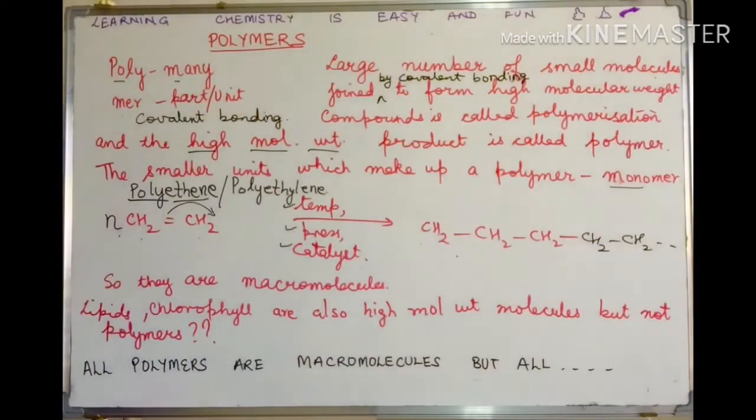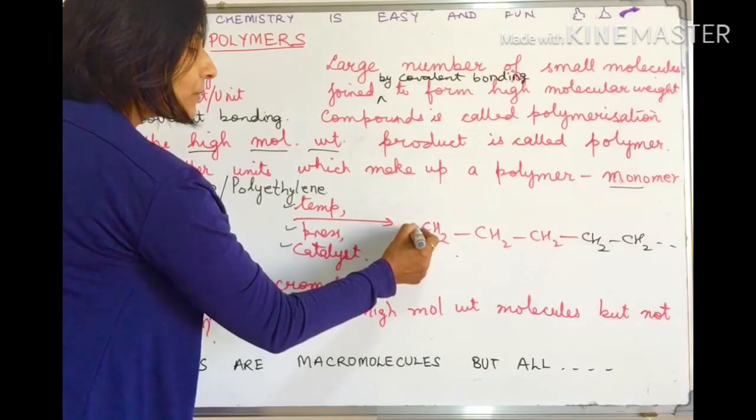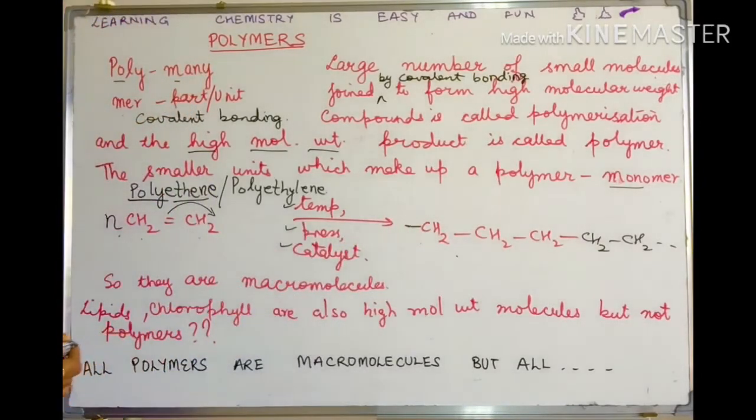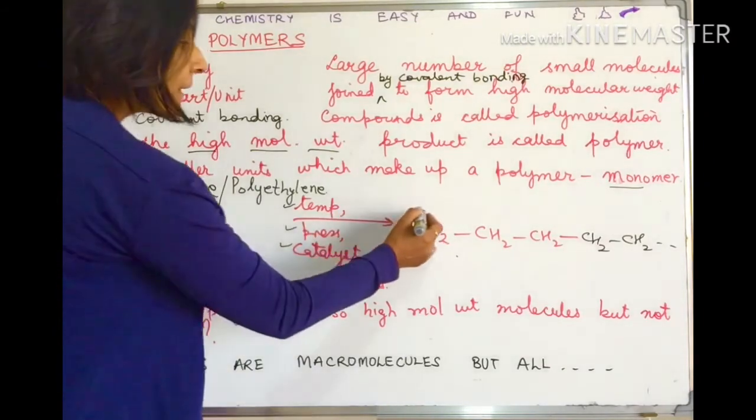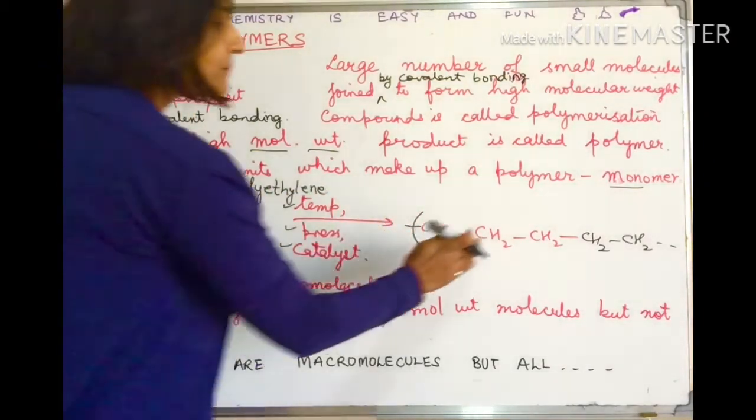Now, is it feasible for us to show 50,000 ethene molecules joined with each other? No. So how do we represent polythene? We put a hyphen, a dash over here, indicating the presence of a single bond, that this is part of a chain. We put a bracket.